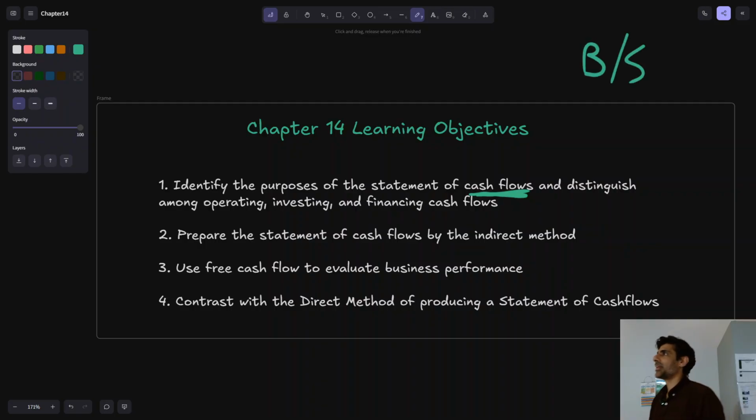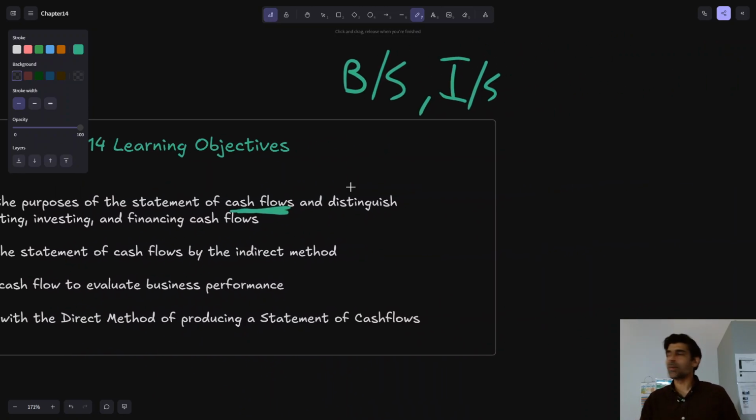And then what's the other one? Yeah, income statement. Okay, these two you can think of as the two very core ones. What's the one that we talked about last chapter? Yeah, the statement of equity.